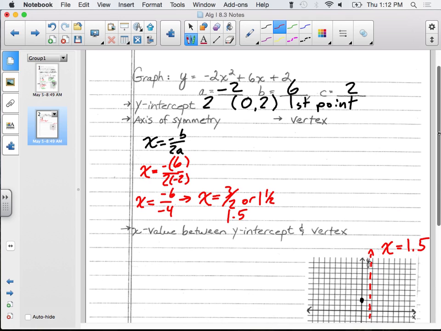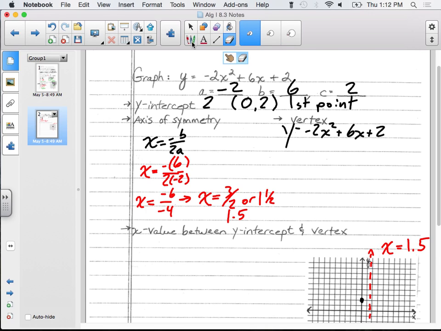Okay, so now we found our axis of symmetry. We found our x value for our vertex because it's the same thing as our axis of symmetry. So y equals -2x squared plus 6x plus 2. So what are we going to plug in for x here? 1.5.